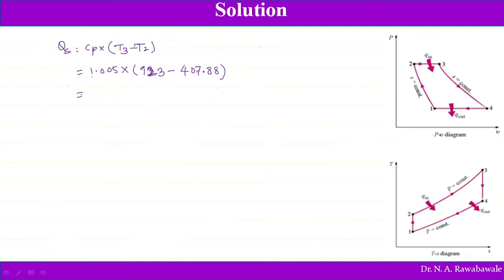So this can be 923 minus 407.88 into 1.005. So this is 517.69 kilojoules per kg air is the heat supplied.